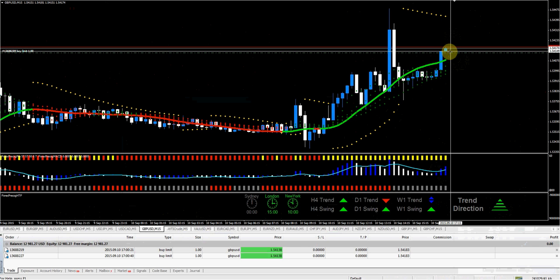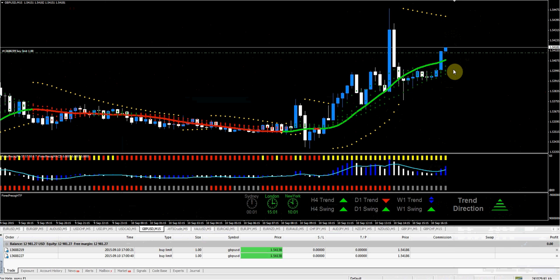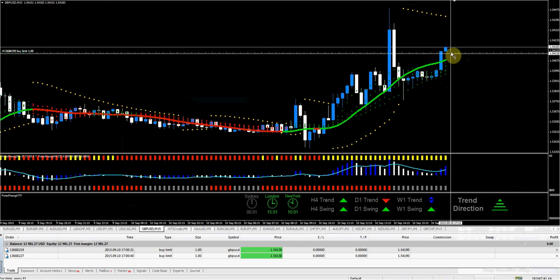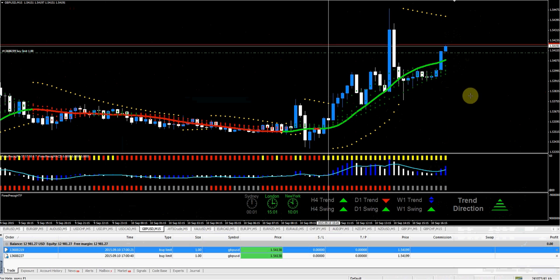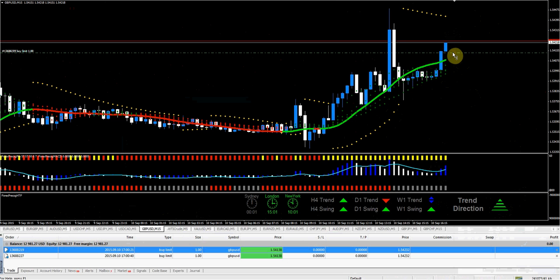Be nice if we got a little pullback here. I could enter at 54154. Actually, I don't even think I need to do that. I might be able to just drag it.